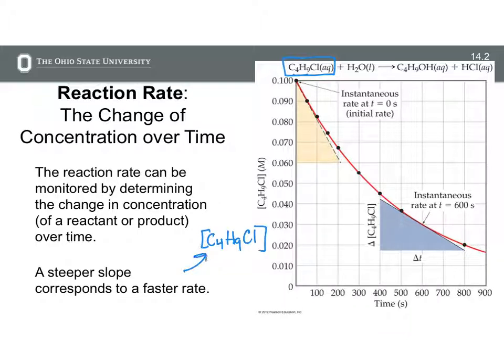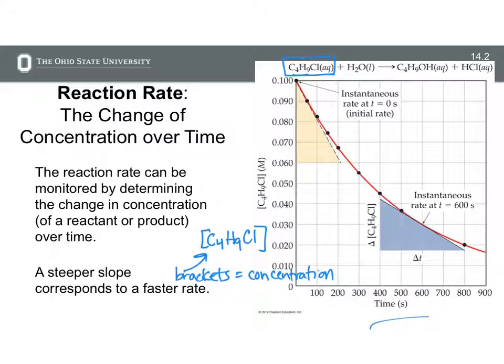I want to point out you're going to see brackets a lot. And what the brackets are going to mean is the concentration of whatever is inside of brackets. Okay. So on our y-axis, we have concentration of C4H9Cl.